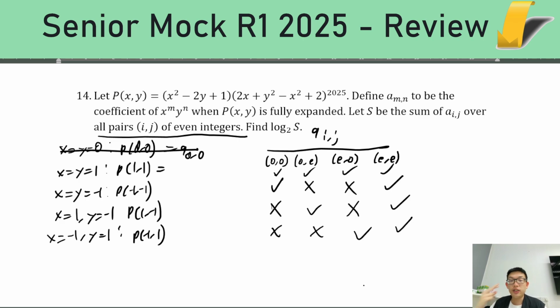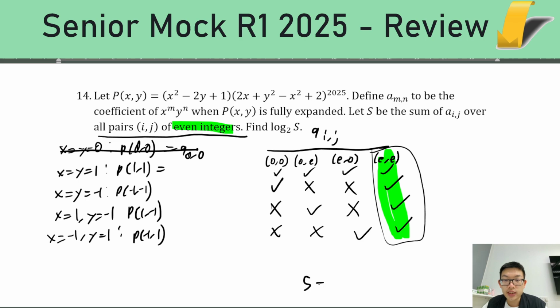And so just nice, you realize that the one that you want is here, even integers. And the other two have 2 ticks and 2 crosses. And so therefore, if I just want to get this column, my S is just going to be the sum of all those divided by 4, which you can also call the average.